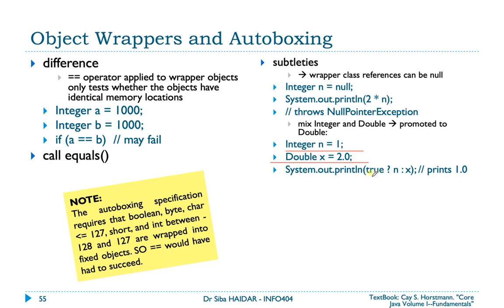And if you then say if true, print n, else print x, this is mixing inside one instruction. Regardless of the answer, n will be unboxed and then boxed again into a Double, because it exists in the same instruction with a Double. So instead of printing 1, it will print 1.0.